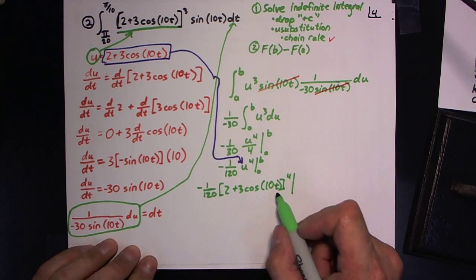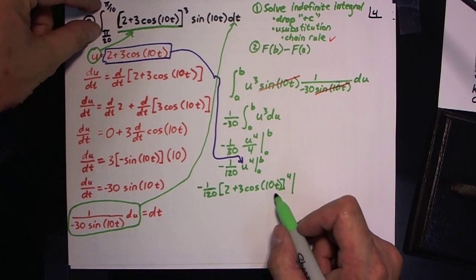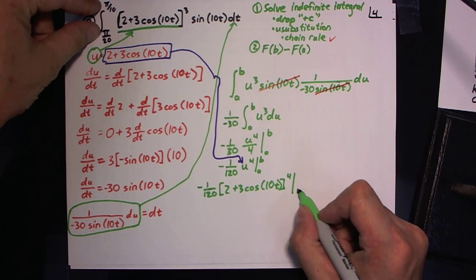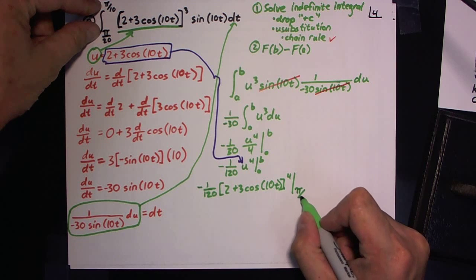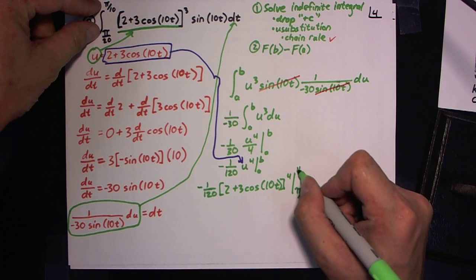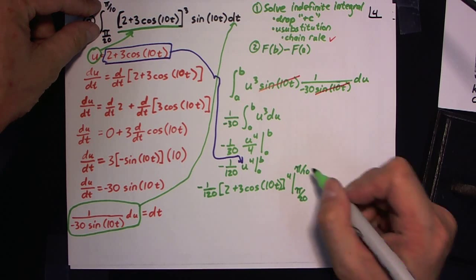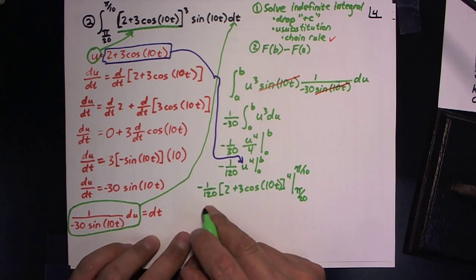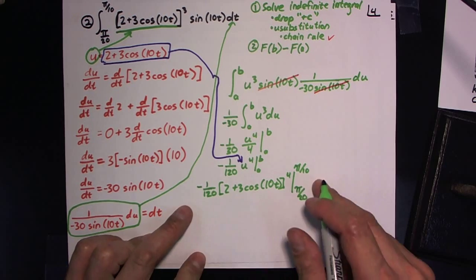And now that we're back to t as being our independent variable, we can take our original boundary values and throw them in here. And there you go. Okay, now all we have to do is actually evaluate these.